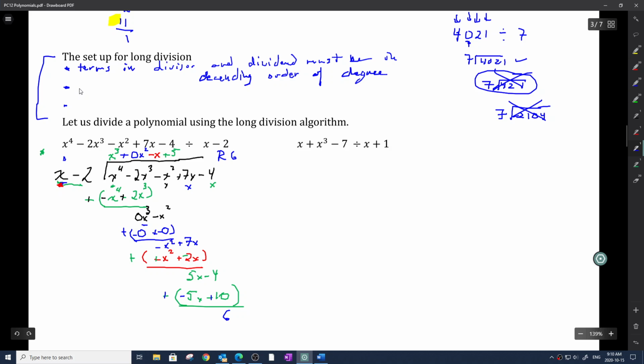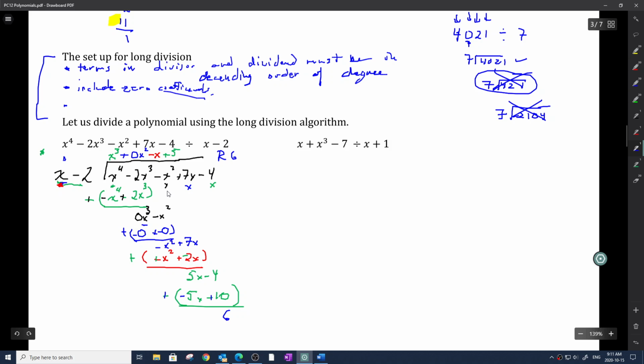And we need to include 0 coefficients. What I mean by that is if we have a term that is 0, we have to include that in the long division algorithm.